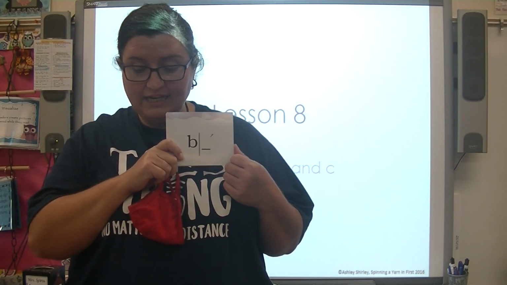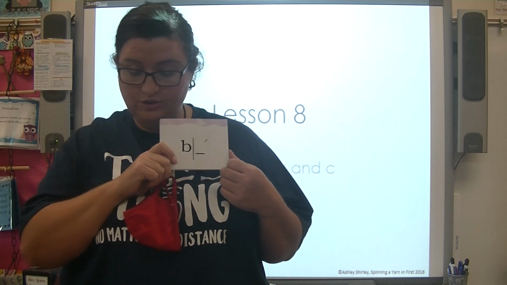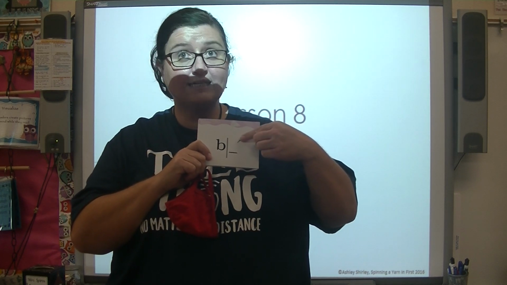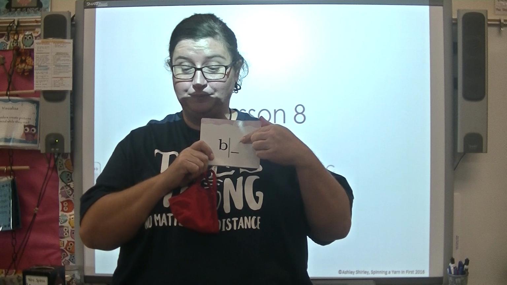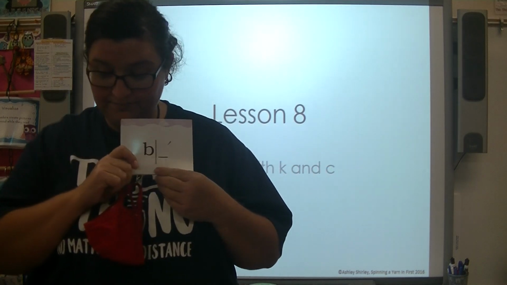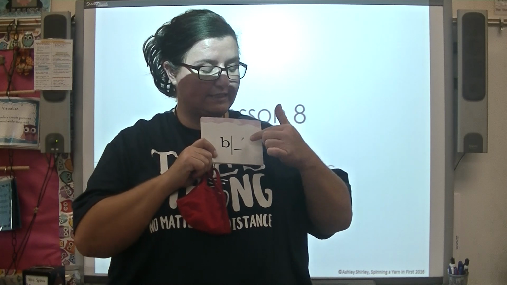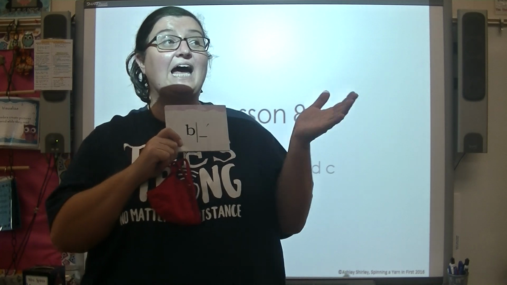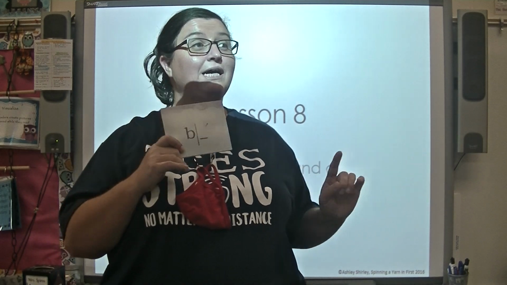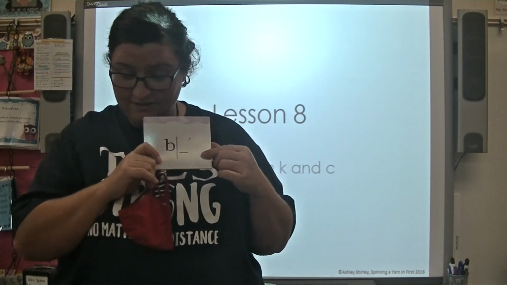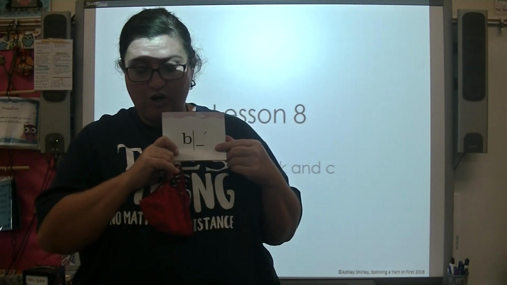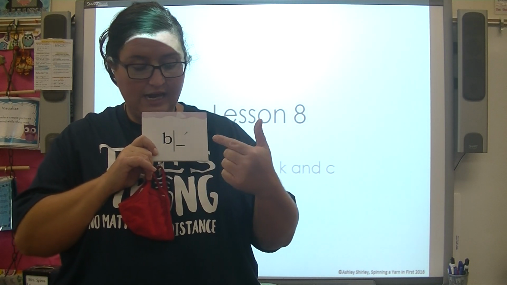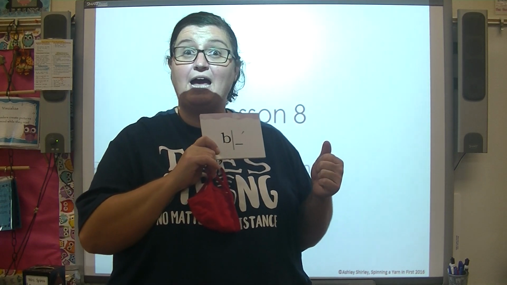Where is the accent? On the first or second syllable? Yes, the accent is on this second syllable. So how will we say this second syllable? Remember, if it's accented, we say it louder, longer, and higher. All right, so when we read this card, we will read the first syllable, B, and the second syllable, the next letter in the alphabet.